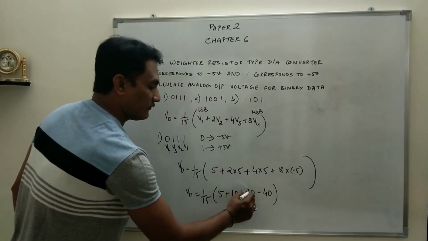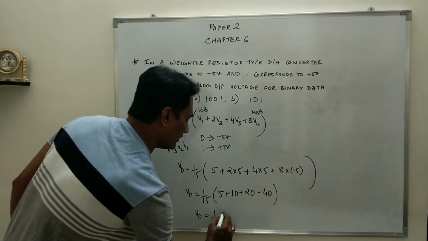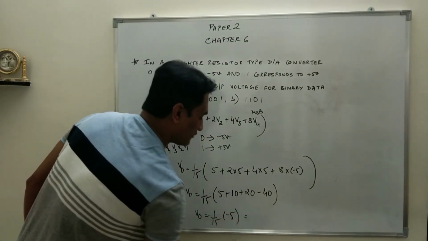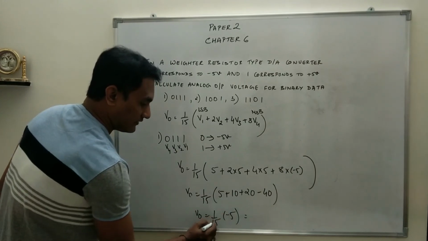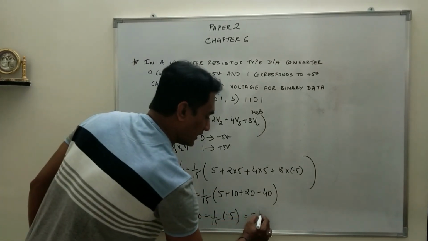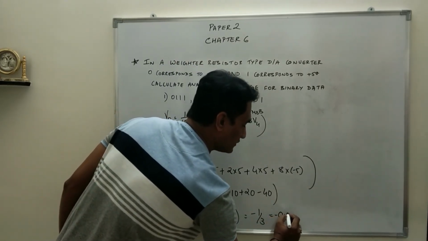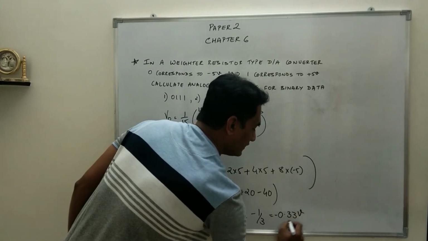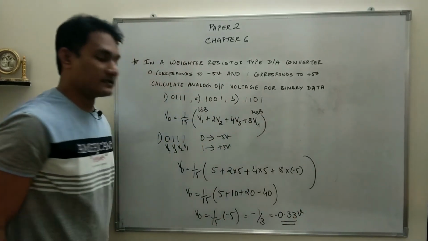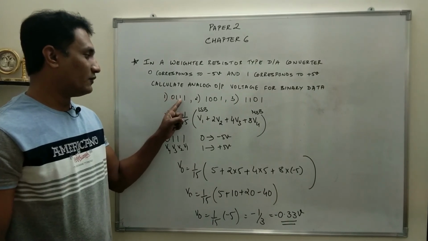So this is 35 minus 40. The answer will be V0 is equal to 1 upon 15 multiplied by minus 5. So 5 multiplied by 3 is 15. So that value will be minus 1 upon 3, and that can be written as minus 0.33 volt. So this is the answer for the binary value 0111.